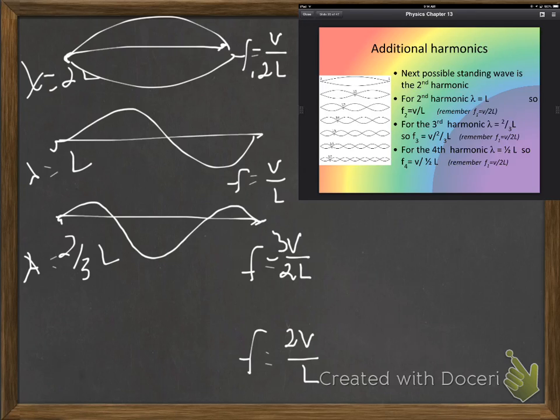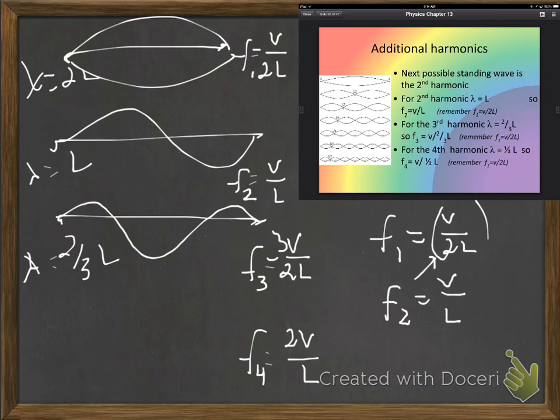So this is the frequency of the first standing wave, frequency of the second standing wave, frequency of the third, the fourth, on and on and on. It's actually even easier than that. Put whatever frequency it is on v over 2L. So if f1 equals v over 2L, f2 is 2v over 2L, which is the same as this times 2.